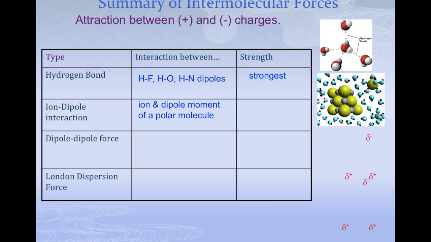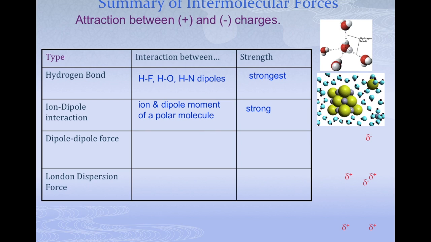We have a picture here of water, which is a polar molecule, interacting with a salt crystal and causing the salt crystal to dissolve because the ions within the crystal start interacting with water instead of with each other. This is a pretty strong interaction, not quite as strong as a hydrogen bond, but strong enough.